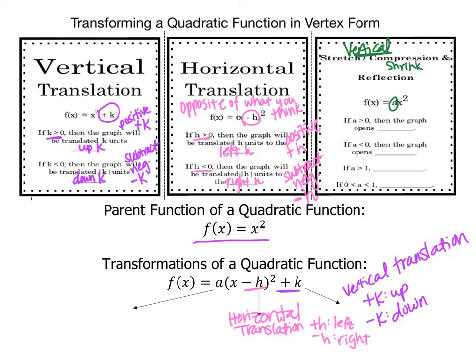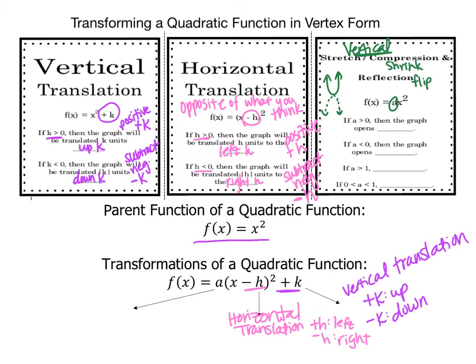So when I look at this, let's just look at what a quadratic looks like here. We've got this U going up, or I could reflect that, flip it over. So instead of going up, now we see it would reflect to face down. Sometimes we call this a flip. Okay, it got flipped over.